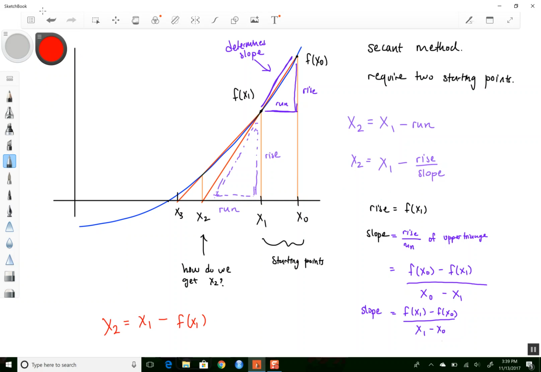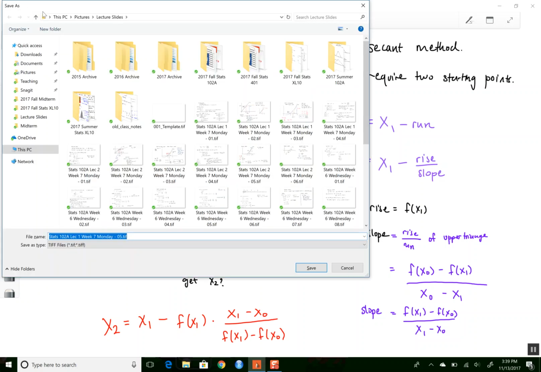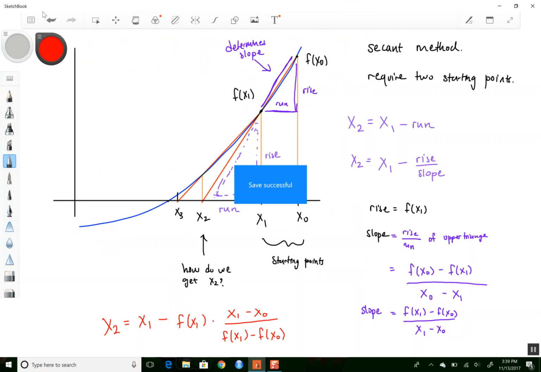So I'm going to take the slope and flip it over, times x1 minus x0 divided by f of x1 minus f of x0. Is that okay? Everyone's okay with how we got this?